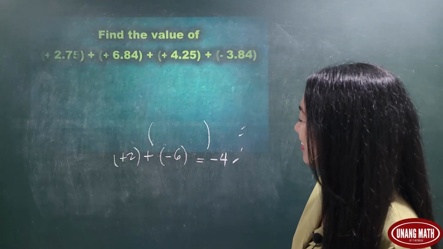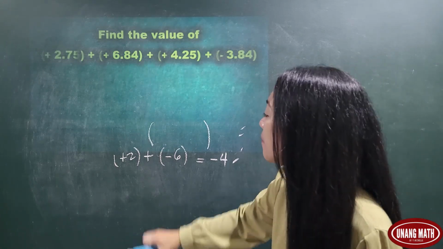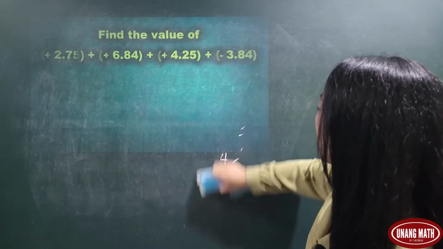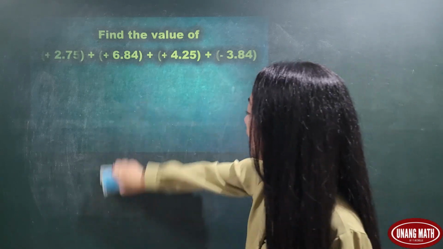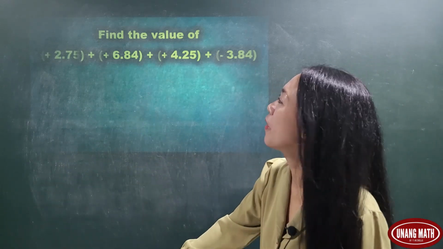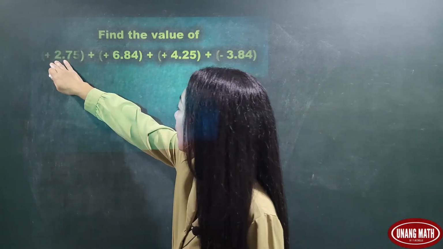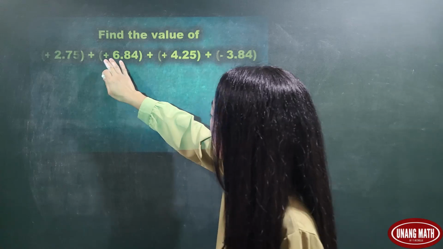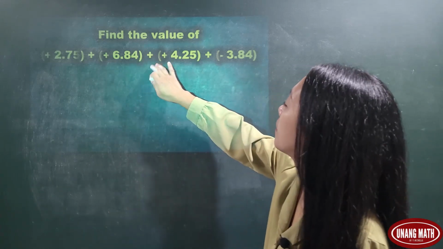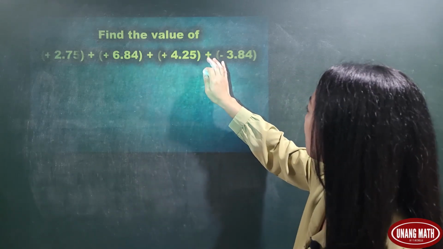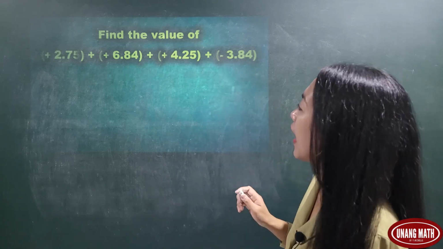Okay, this time, let's answer the simple activity, applying the different rules of addition. Let's find the value of positive 2.75 plus positive 6.84 plus positive 4.25 plus negative 3.84.